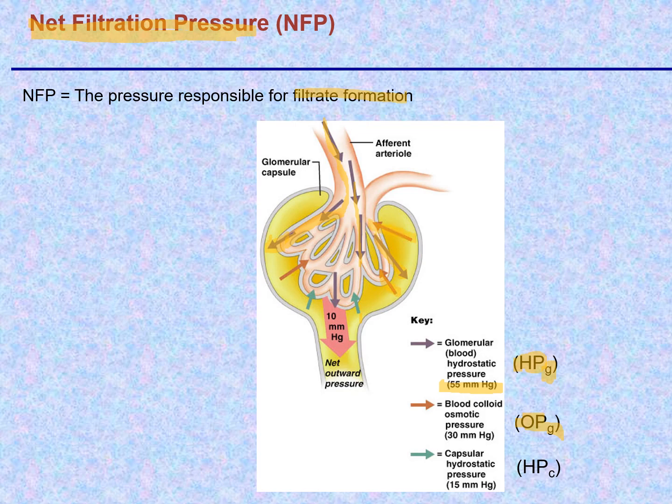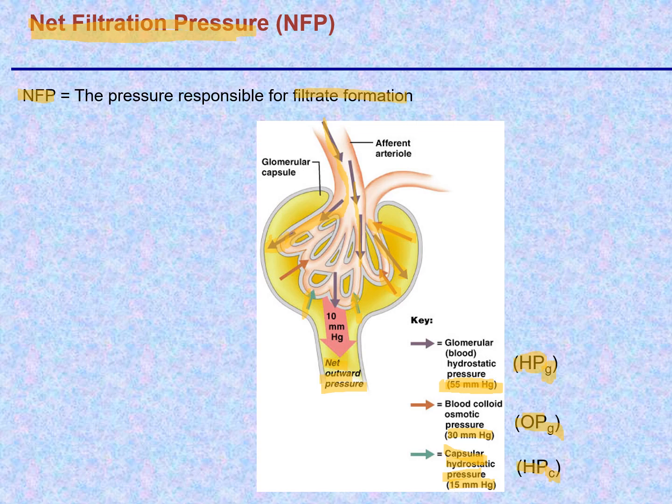And then you have the capsular hydrostatic pressure, HPC for capsule. That's, again, an inward force. When you add all of these up, and the numbers may vary depending upon which book or figure you look at, you have approximately a net outward filtration pressure of about 10 millimeters of mercury.